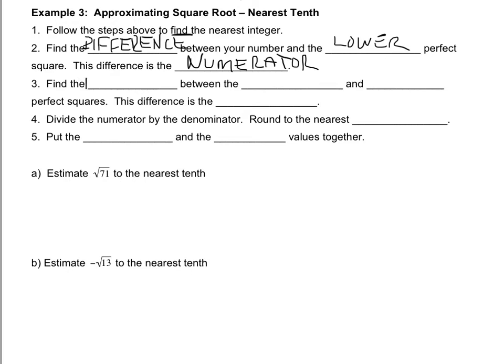Then we're going to find that same difference, this time though, between the lower and upper perfect squares. This will be our denominator.